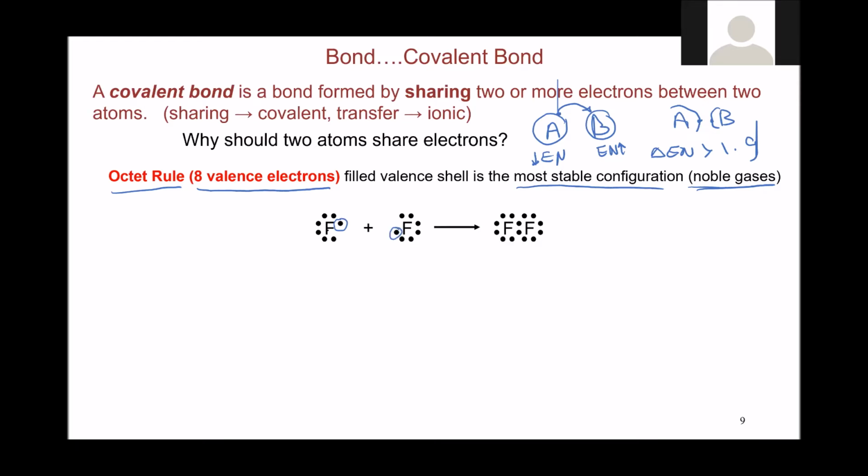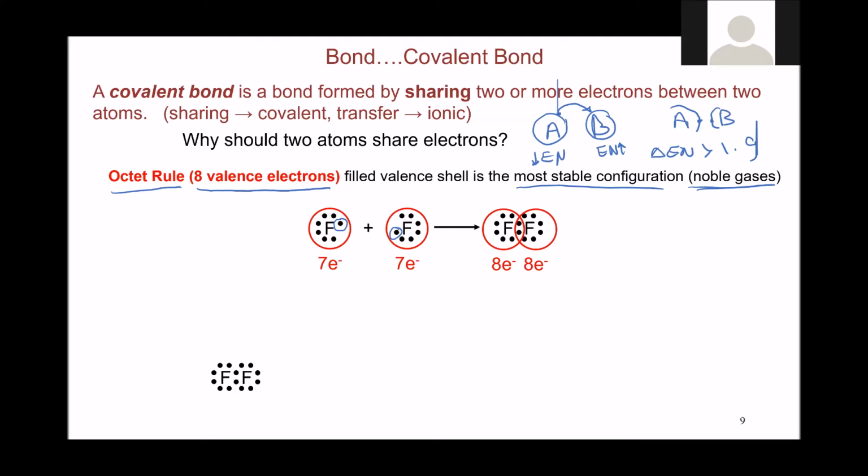As a result, if you carefully check, you will find that the number of valence electrons for each one of them changed from 7 to 8. So 8 in the first one and 8 in the second one. It changed from a partially filled valence shell to a completely filled valence shell that corresponds to a noble gas configuration, which is going to be much more stable.